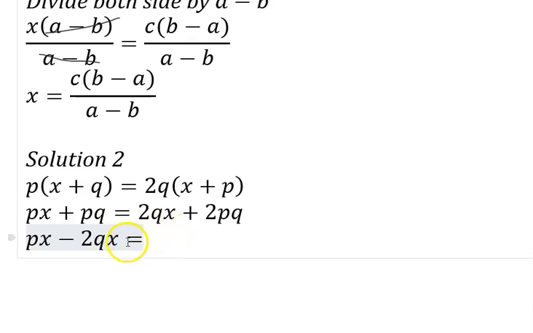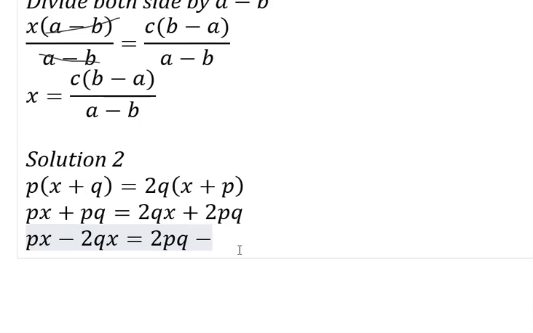Now, this one is here already. This 2PQ is here already, because we have transferred this one down here. Now, this PQ is plus. If you transfer it across this equality sign, it will change to minus.